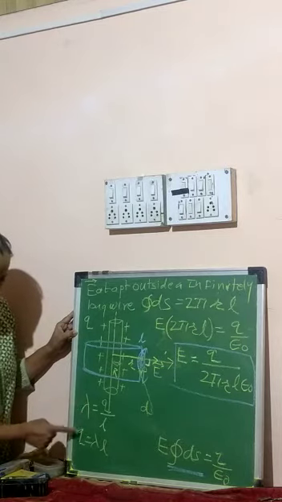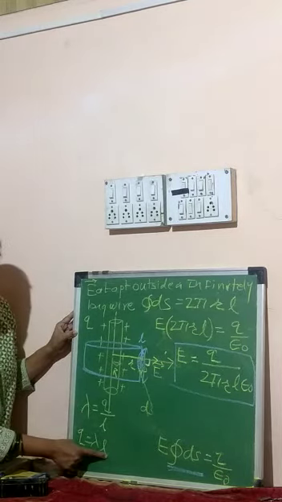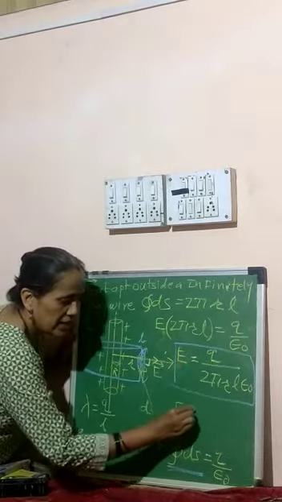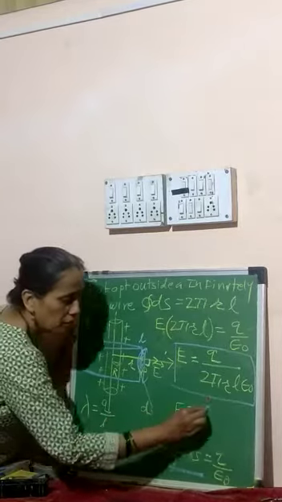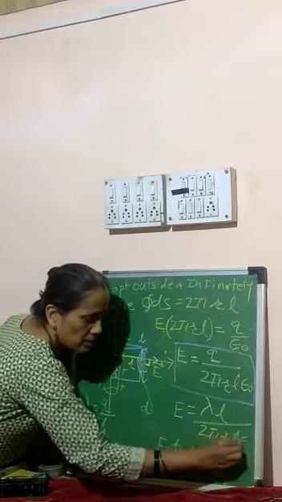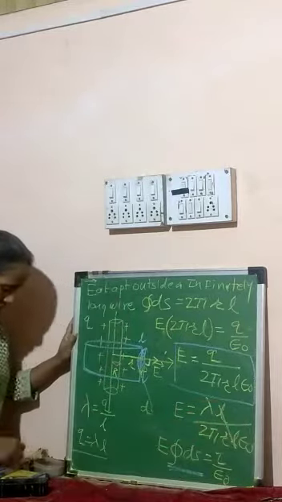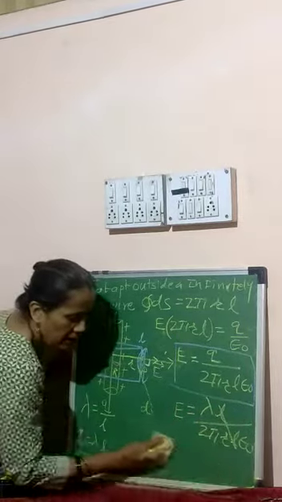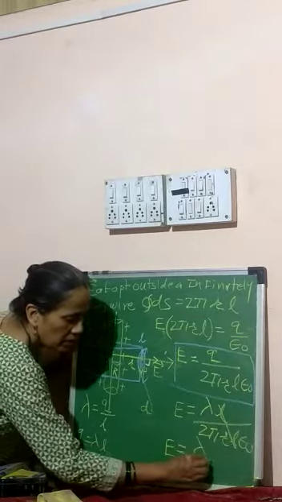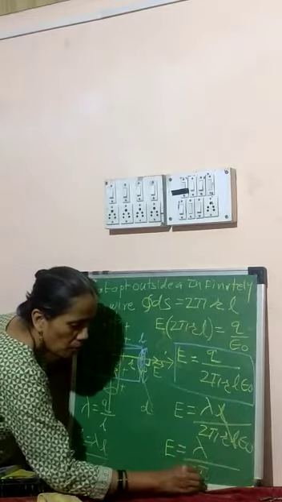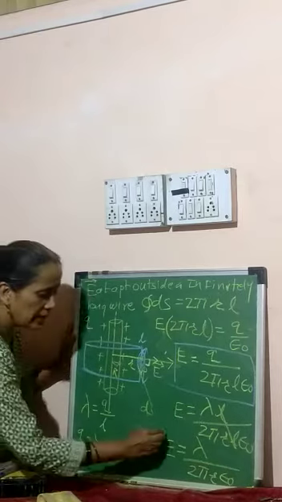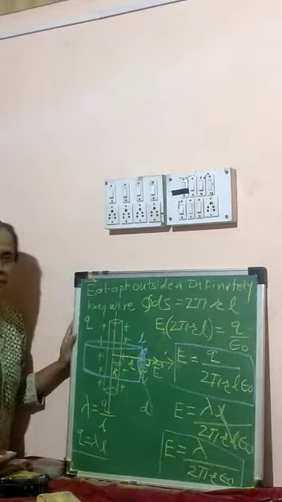From linear charge density I am getting q is equal to lambda into L. So this value of q, if I substitute in the formula, I will write E is equal to, instead of q, lambda L divided by 2 pi r L epsilon naught. So your L factor will get cancelled, and I will get intensity formula E is equal to lambda upon 2 pi r epsilon naught. So this is nothing but the second formula for electric intensity.